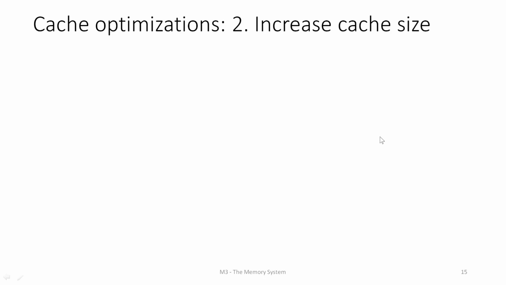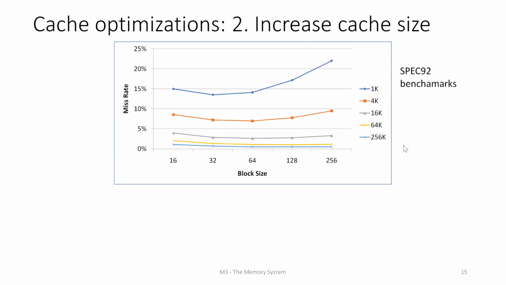Moving on to the second cache optimization, wherein we are increasing the cache size. Like you already know, with increase in cache size, the capacity misses will reduce. So I've simply reused the previous graph.